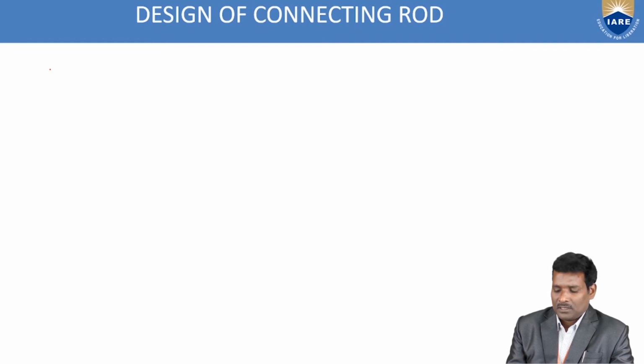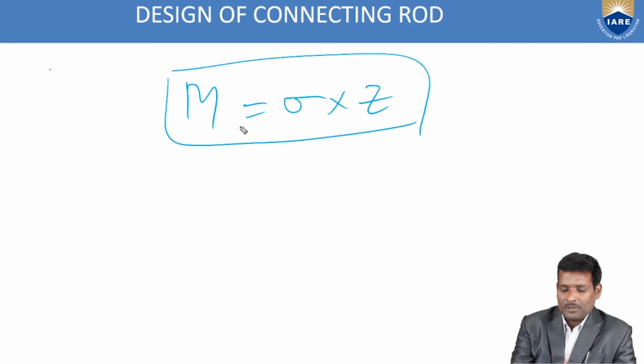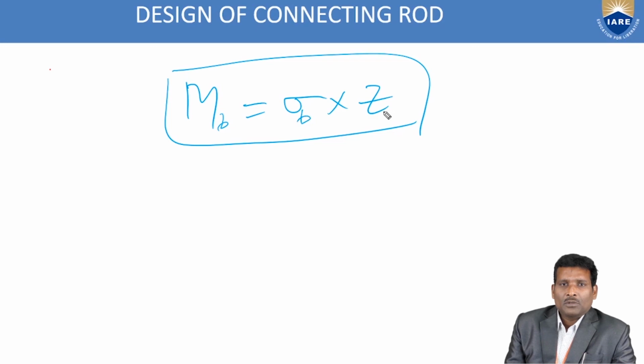Next, finally, the thickness of the cap, by using bending moment. The bending moment you may calculate by using sigma into Z, that is the bending moment of the section. The bending stress sigma b you may take from the design data book, and Z is the section modulus.